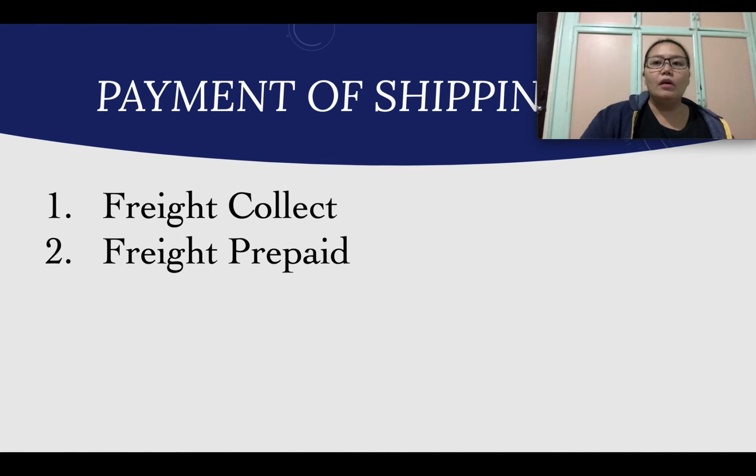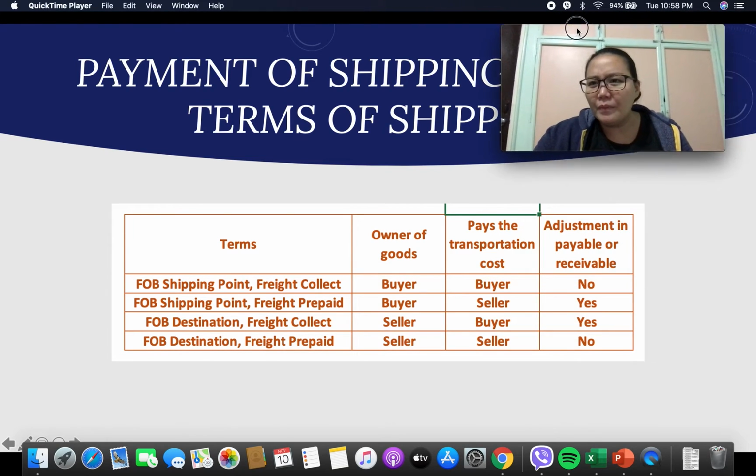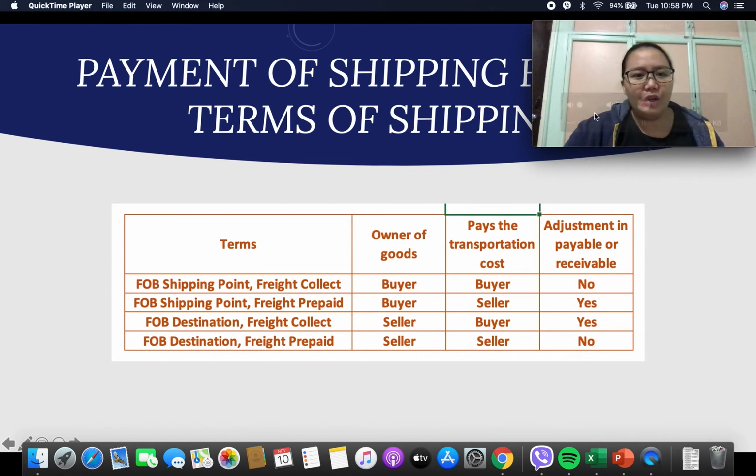There are a couple of combinations here, so that it will be much easier to understand. In terms of shipping, we have FOB shipping point, freight collect.